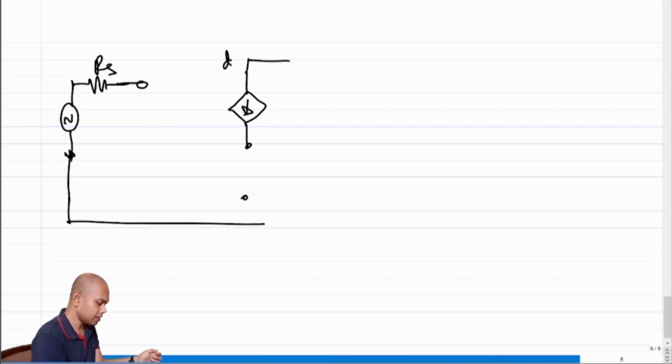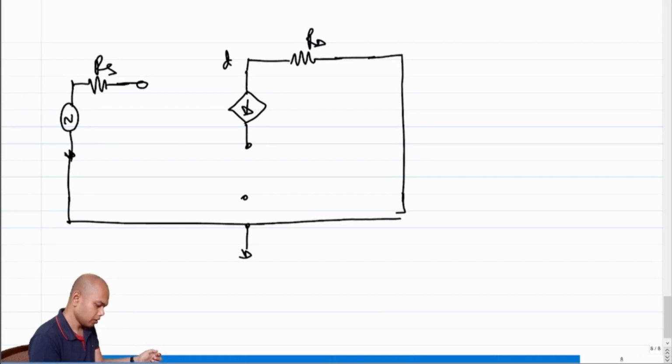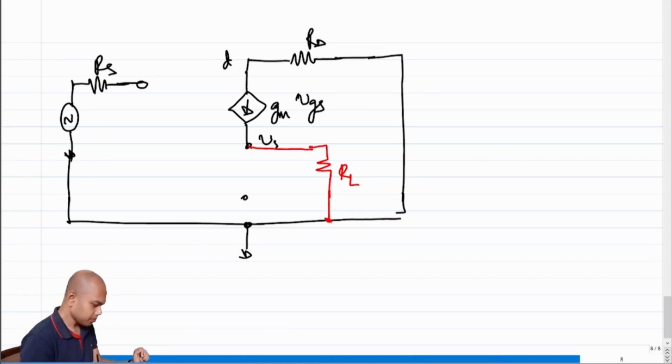Since we are not connecting the load at the drain, I can say that only RD is connected, and the other side is grounded. And now I have an RL, connected between ground and the source. So this is Vs. This is Gm times VGS.